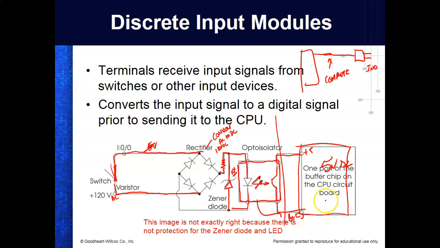So this would be a basic input port, AC to DC, which is pretty neat. This image is not exactly right because there is no protection for the Zener diode. So we have to have what we call a series drop-in resistor that drops the difference between the input voltage and the regulated voltage. But we're completely isolated.